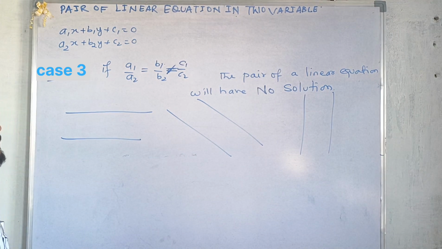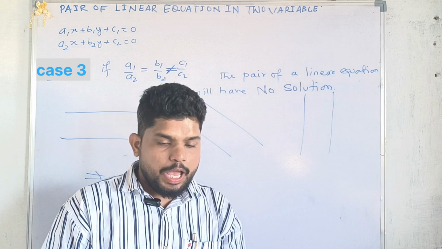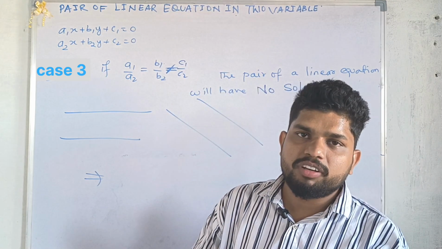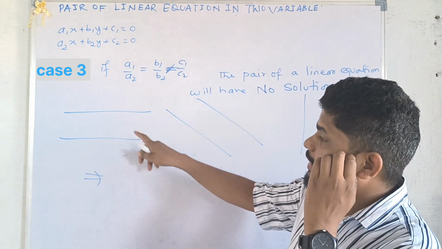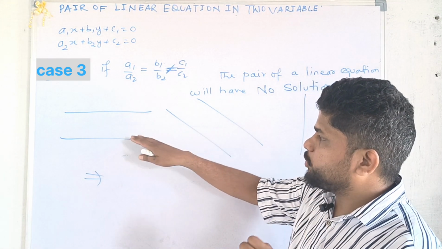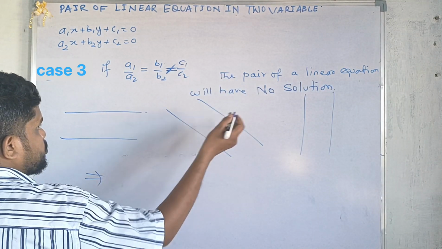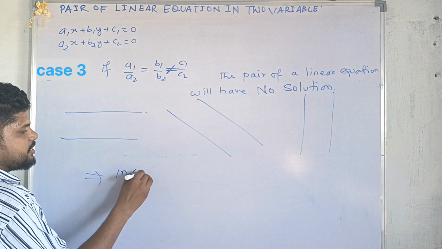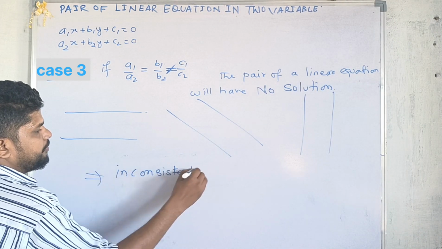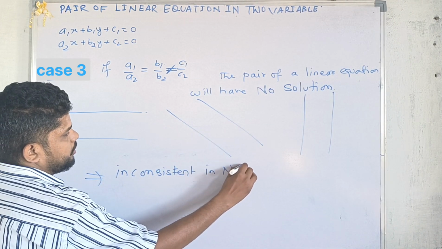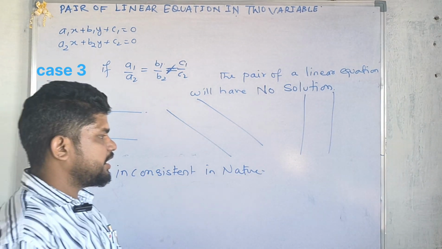Since this pair of lines are not touching each other at any point, they are parallel to each other, so they will not intersect, and therefore, since they have no solution, it is called inconsistent in nature.